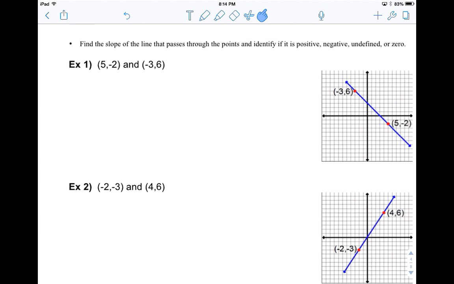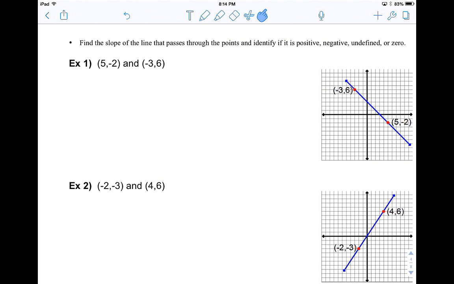So example 1, they have the graph over there off to the left, but we're going to focus on the points they plotted on that graph. So we're going to be using our slope formula, m equals y2 minus y1 divided by x2 minus x1. Alright, before we can start plugging in numbers, we have to know what these numbers and these points represent.